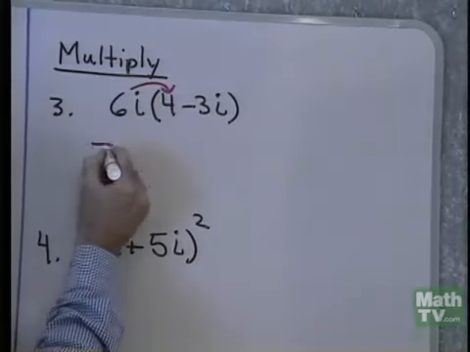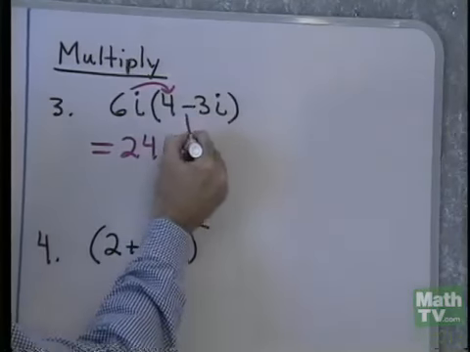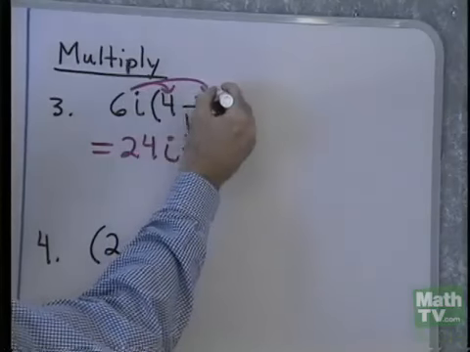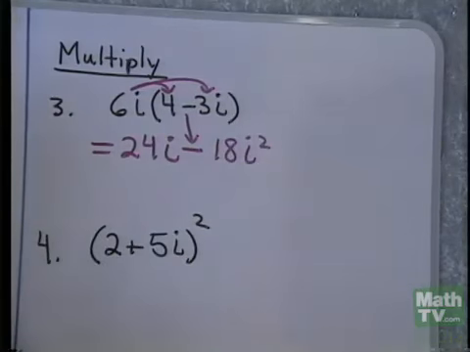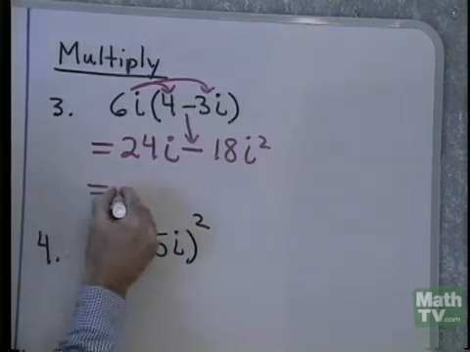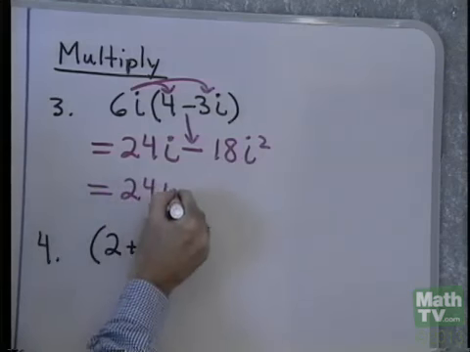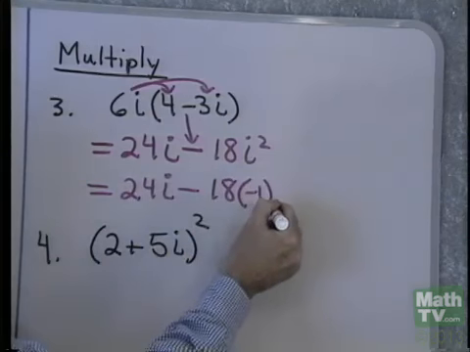6i times 4 will be 24i, minus, that's the subtraction sign, 6i times 3i will be 18i squared. Now, i squared is going to be -1, so I can simplify this further and write it as 24i subtract 18 times -1.